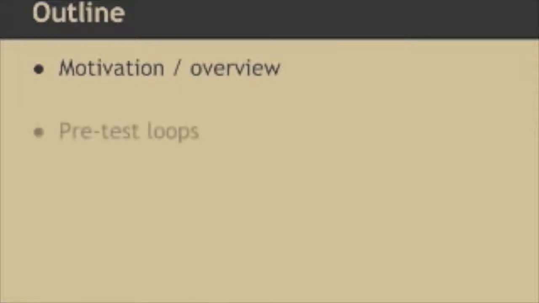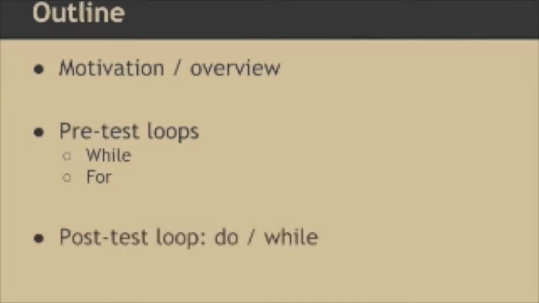Following that, our next video will talk about one of our pre-test loops, the while loop. Then there will be an example. Then we'll look at our second pre-test loop, the for loop, and do another video for another example.